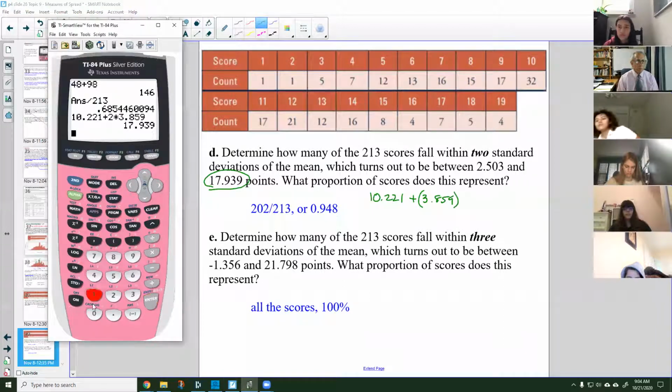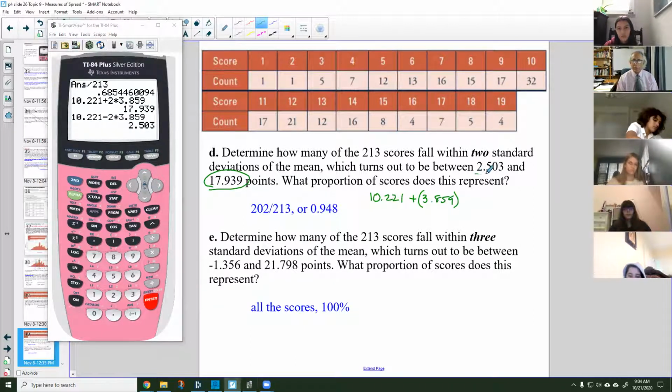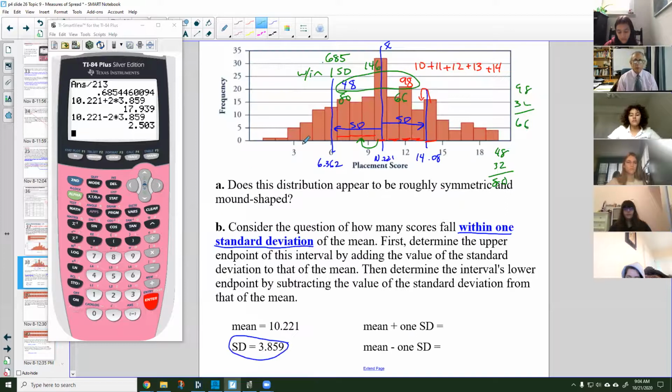And if I go 10.221 minus 2 times 3.859, I get 2.503. So 2.5 and 17.9.